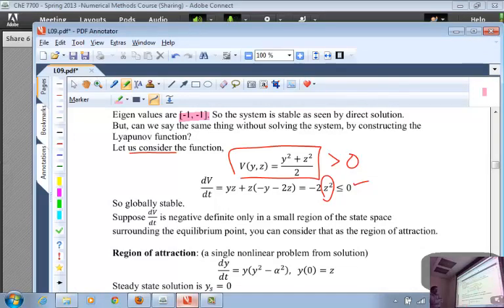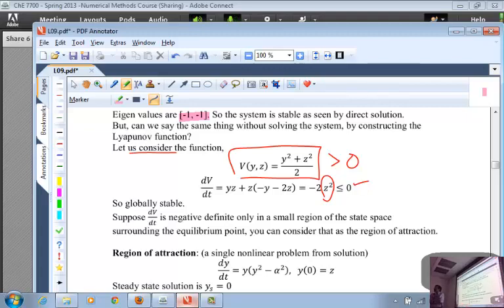Region of attraction. So this is another concept which is actually building on the question that you raised. The question was, can I find such a V for every system? The answer is no. And then people started asking, can I at least construct some function, because I don't know how to begin constructing that function. That's the challenge, right?